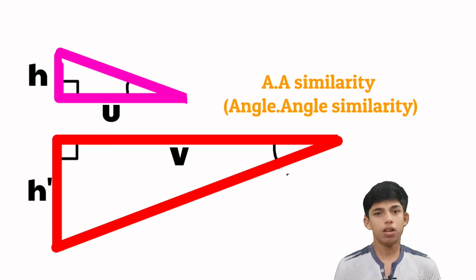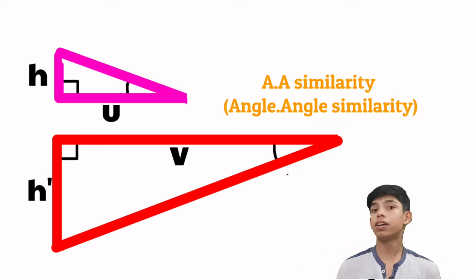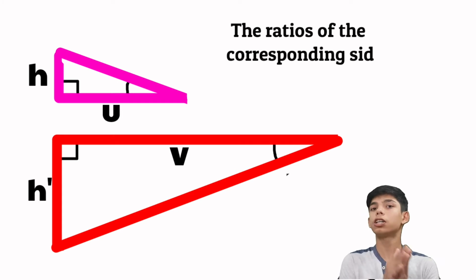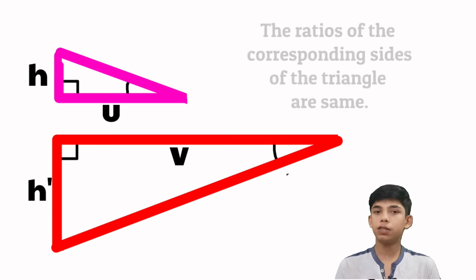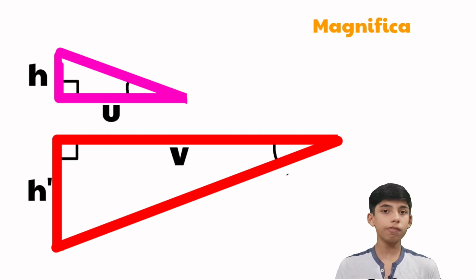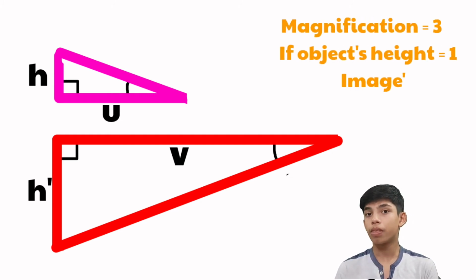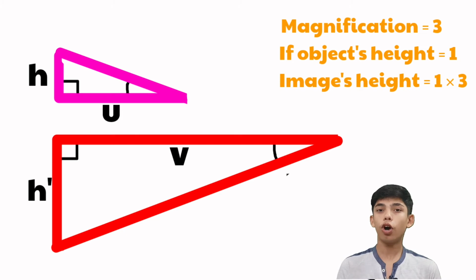What does this mean? In AA similarity, the ratios of the corresponding sides of the triangles are the same. Let me explain. If magnification is given as 3, it simply means that if the object height is 1, then the image height is going to be 3 times of it. It means 3 in this case, right?